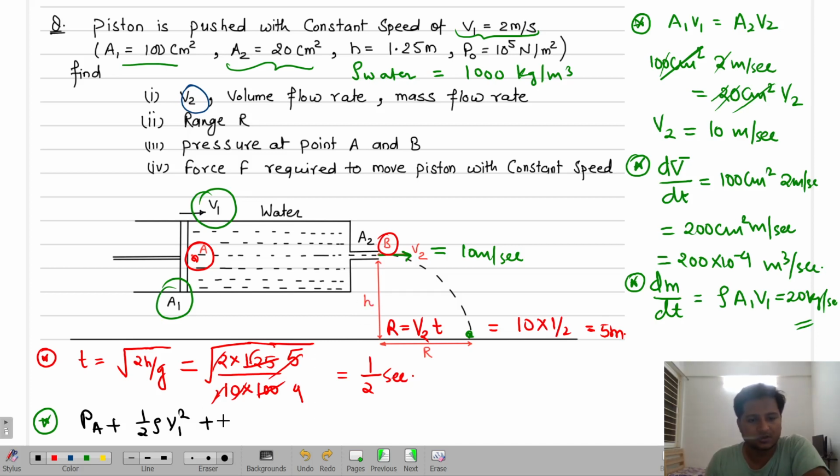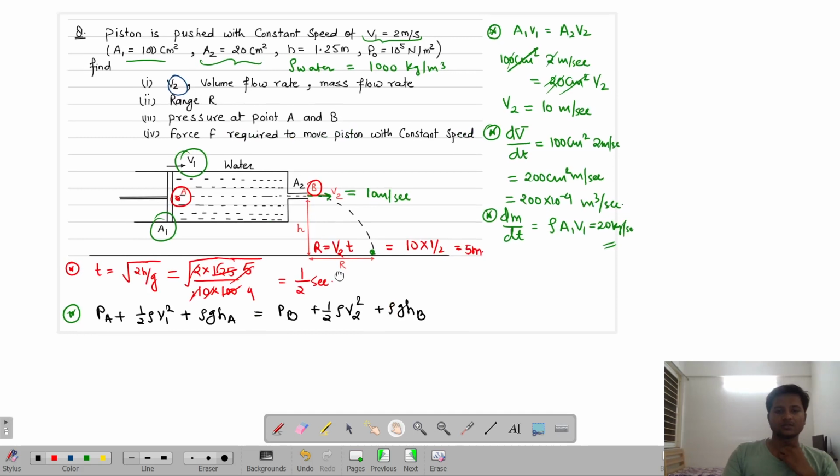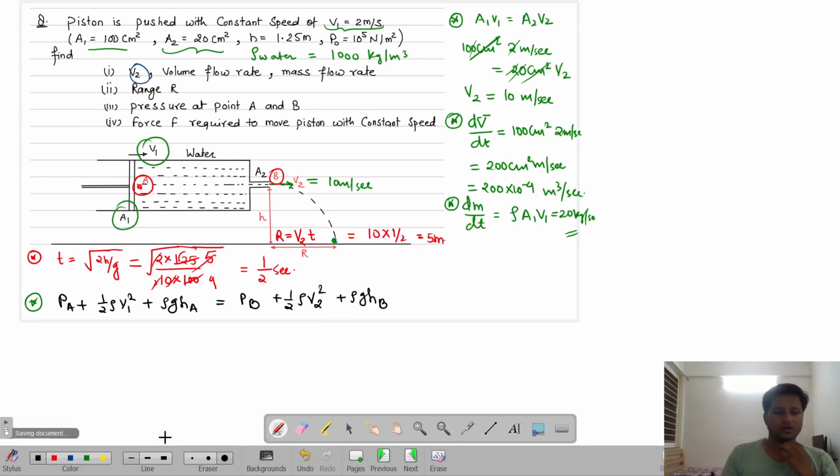So let us just write rho g h of A, that is equal to pressure at B plus half rho v2 square plus rho g h of B. Is this going to be my equation or not?